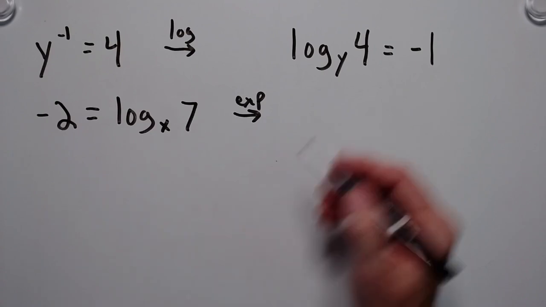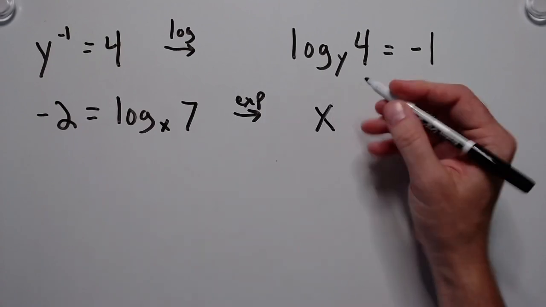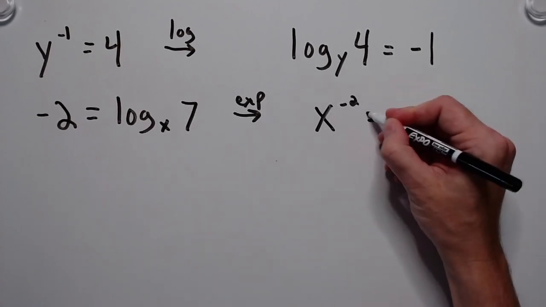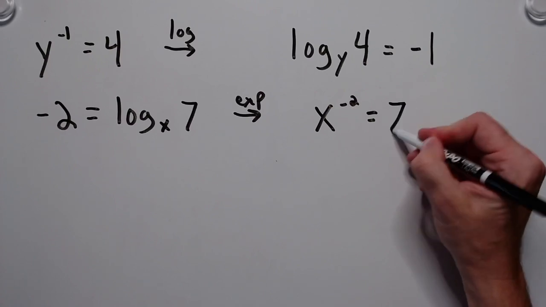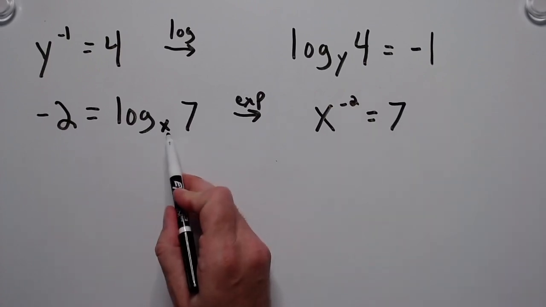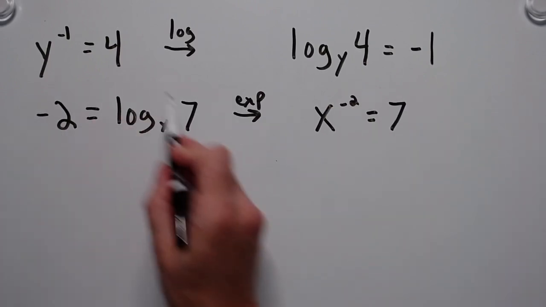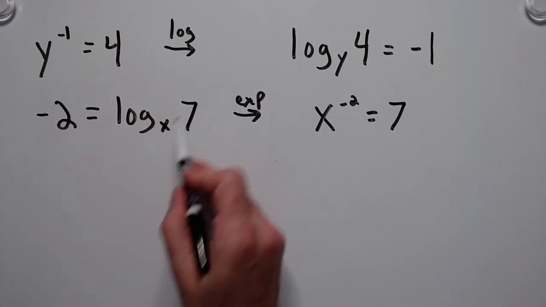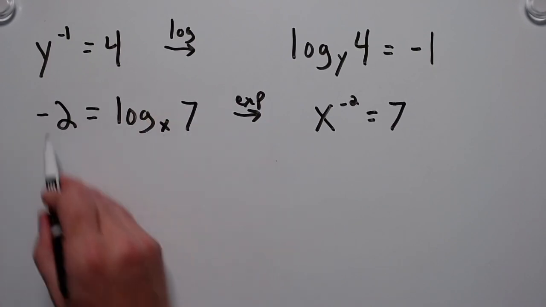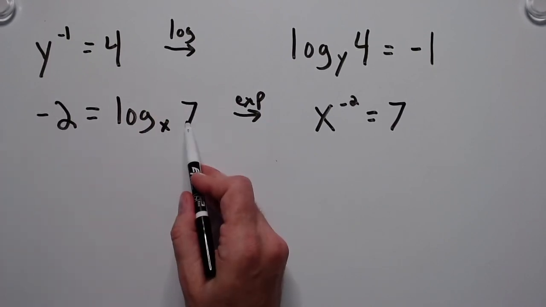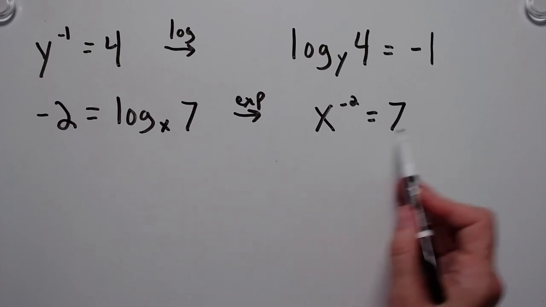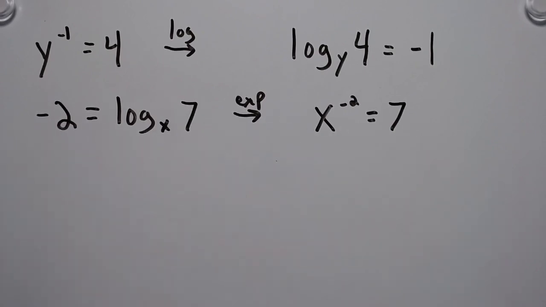So we end up with x to the -2 equals 7. I think about this little arcing path. x to the -2 equals 7 would be the exponential way of writing this logarithmic expression.